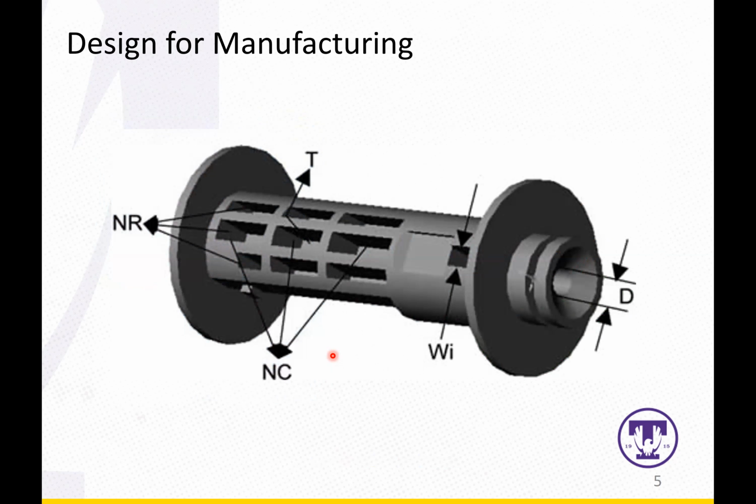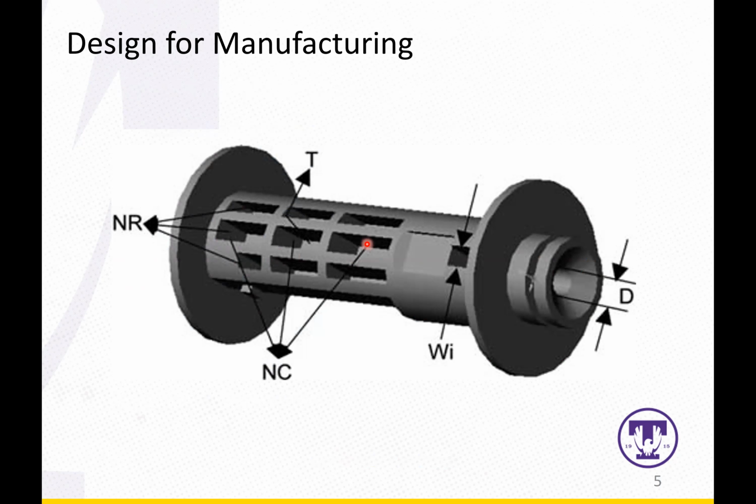For example, if you want to machine this part, then you need to think about whether these geometric features can be manufactured using machining. You have to think about whether the dimensions of these features can be machined.